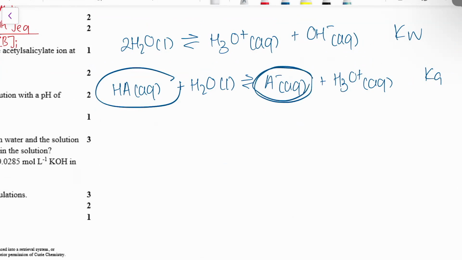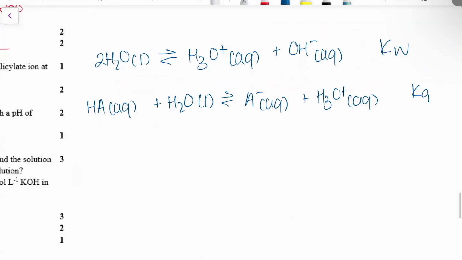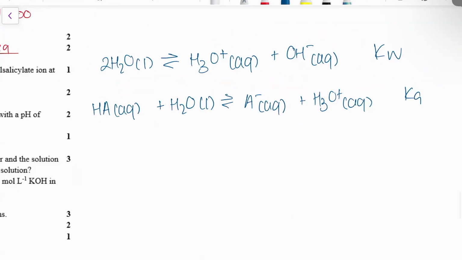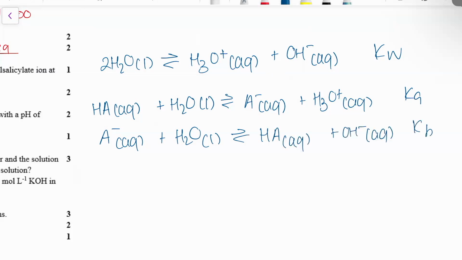I can't take a random letter B because then they would no longer be conjugate acid-base pairs. So for the Kb equation, I take the conjugate base of HA, which is A minus, plus H2O turns into, it takes a proton this time, so it turns back into the conjugate acid HA plus an OH minus. And this is Kb.